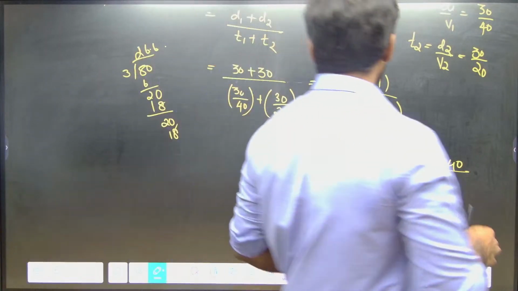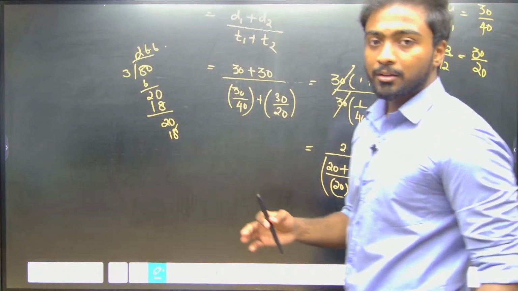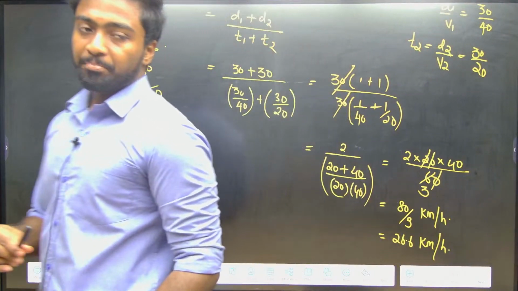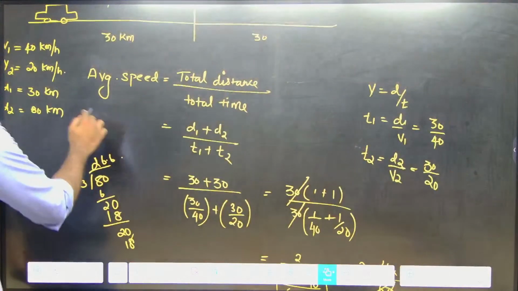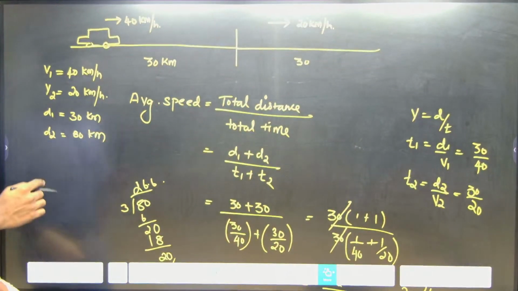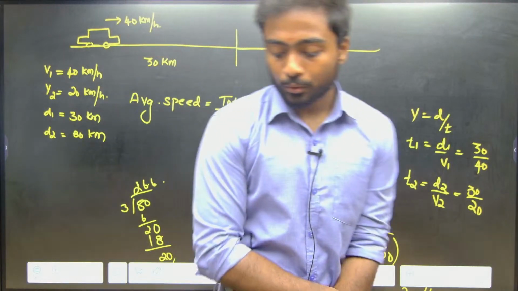Got it? So this is how we will do the problems of average speed. Okay, I hope it's clear. Once you can see the question and you can take the answers. We'll do the next question.